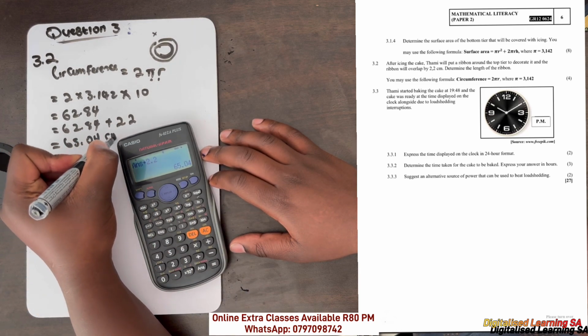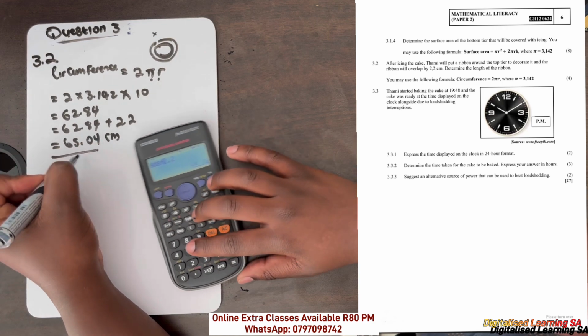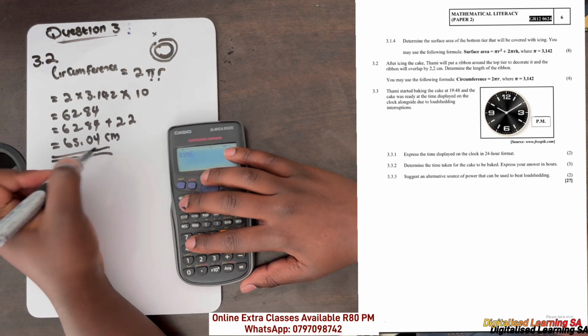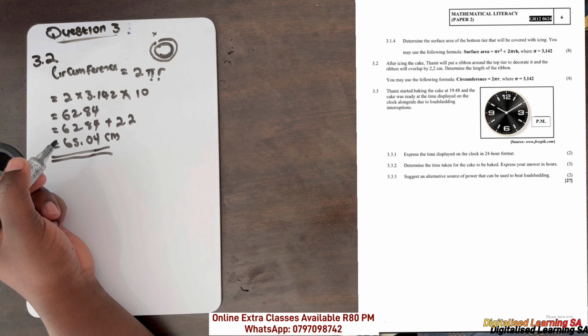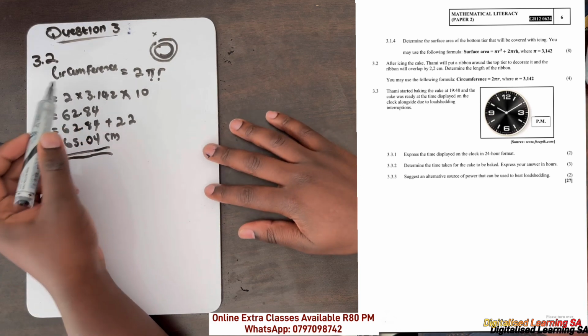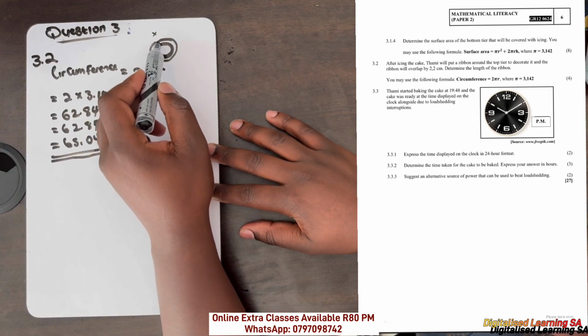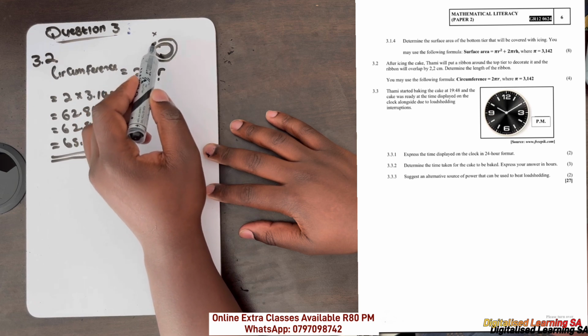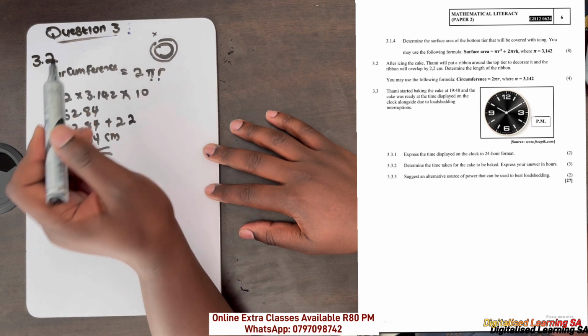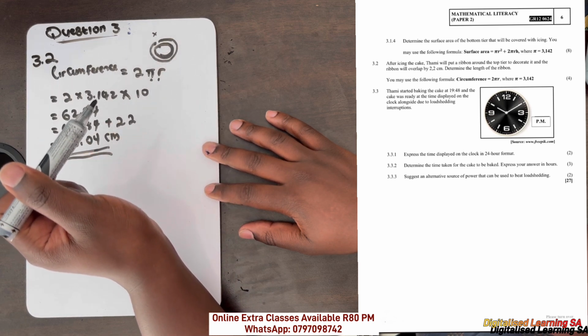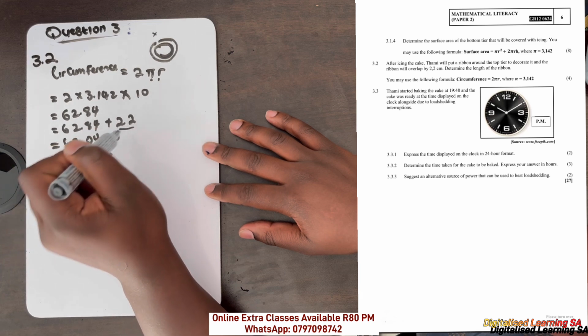So our answer will be 65.04 centimeters. And what does overlap mean? Remember, the circumference is the total distance around our cake, but the distance has an additional overlap or length of 2.2 centimeters.